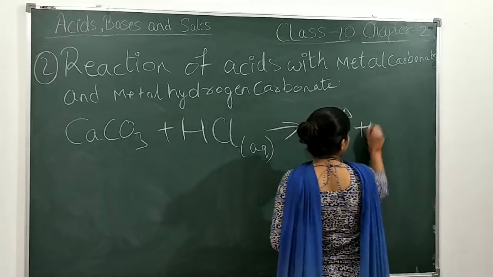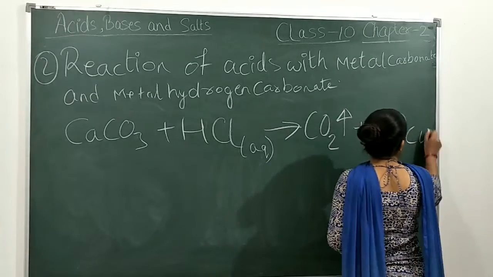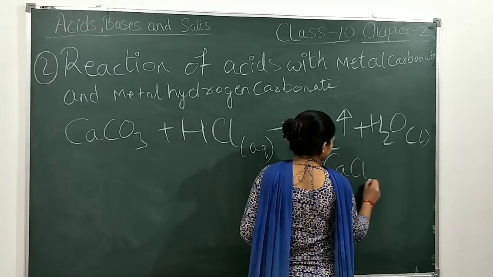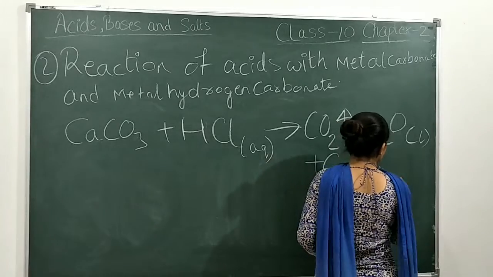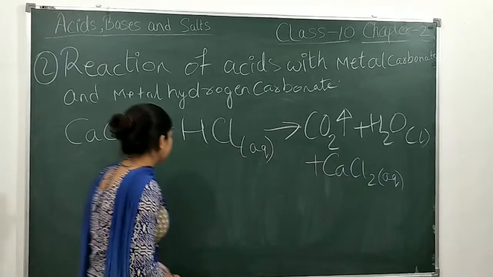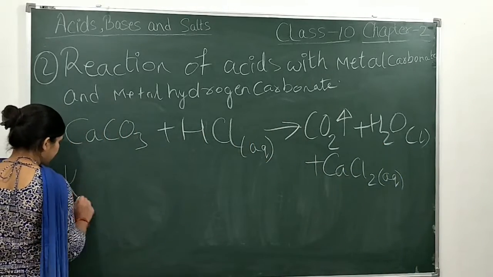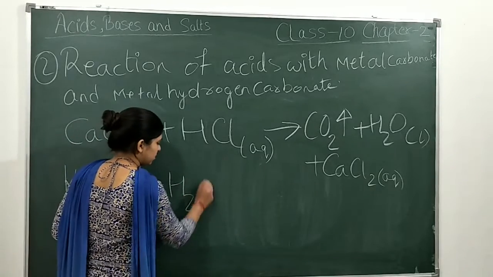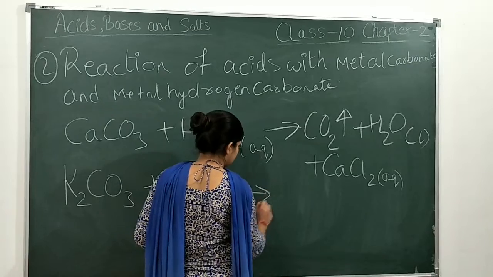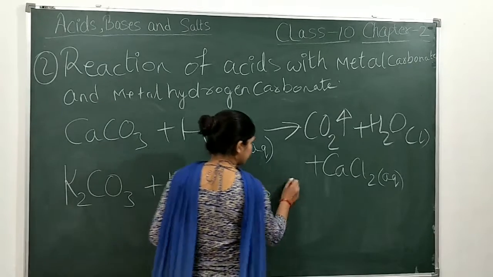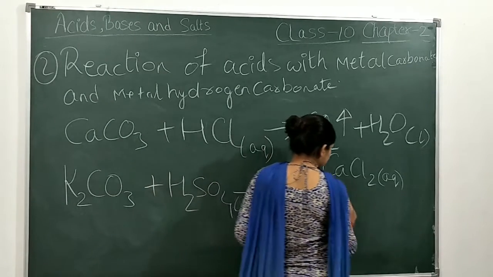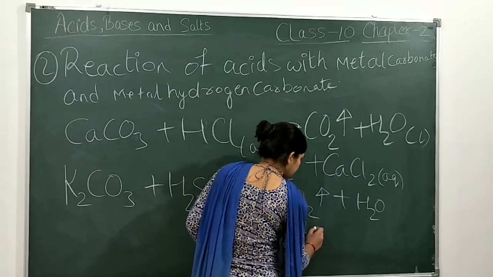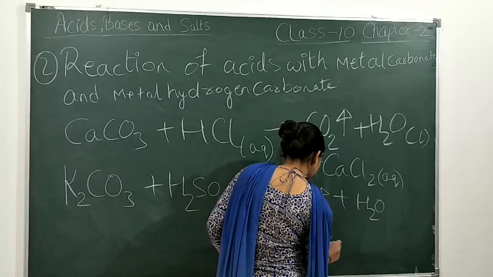Carbon dioxide gas will evolve and water will form, and the salt, that is calcium chloride, will form. And if we take potassium carbonate with sulfuric acid, we obtain carbon dioxide gas, water, and the salt is K2SO4.